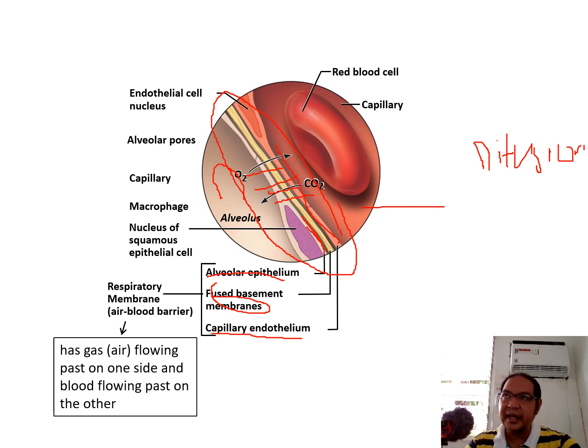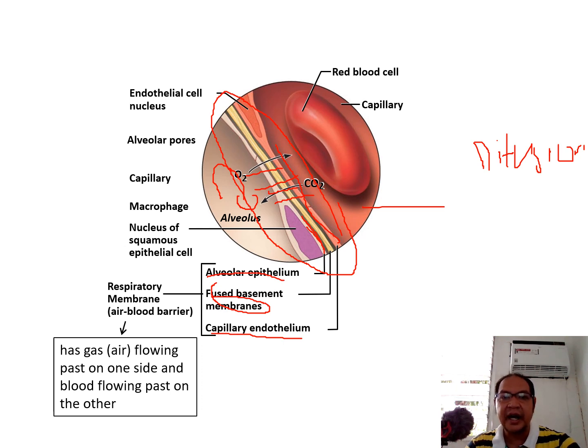The air that we inhale is full of oxygen. So when you inhale, oxygen goes here in the alveoli, so this is rich in oxygen. In the blood, when the blood returns to the lungs, it is low in oxygen.